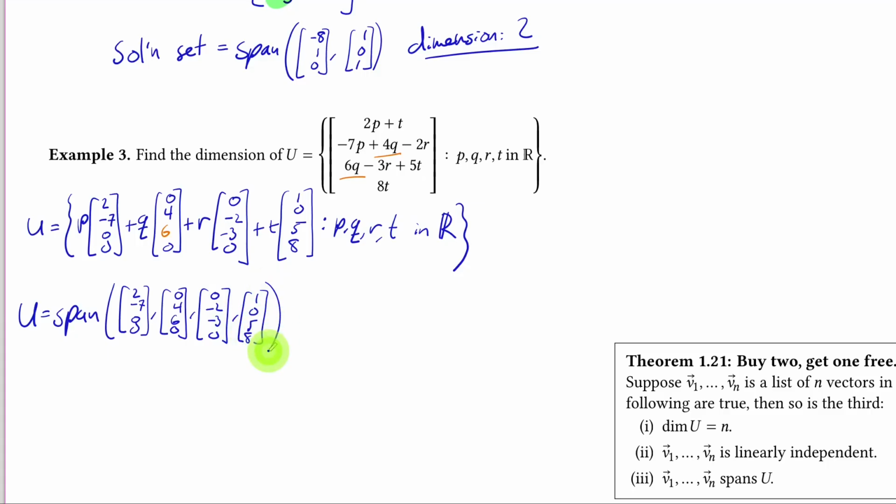So you could say, oh, U is the span of these four vectors, therefore it's four-dimensional, but the problem is that it's not linearly independent. It is linearly dependent. And you could go through the method of using that theorem to row reduce the matrix and see where the non-pivot columns are and remove the non-pivot columns, just use the pivot columns.